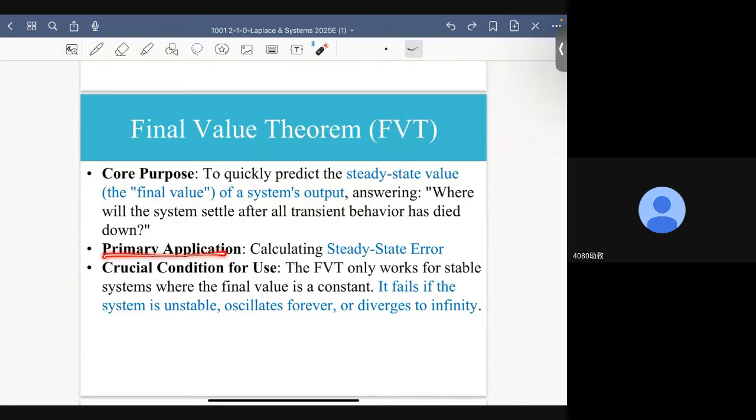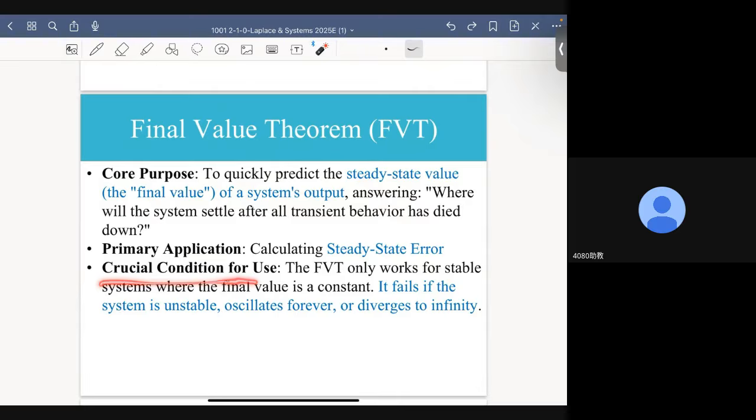Now, the primary application is calculating steady state error. You know the steady state output, and the next thing you want to know is the steady state error. Is such a steady state error tolerable? Okay, can I tolerate such a steady state error without compromising my control mission?